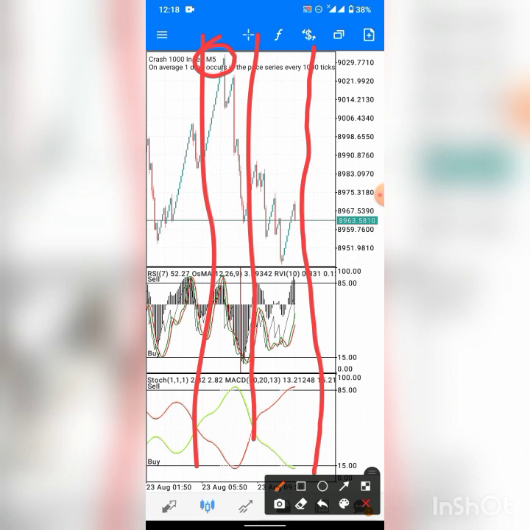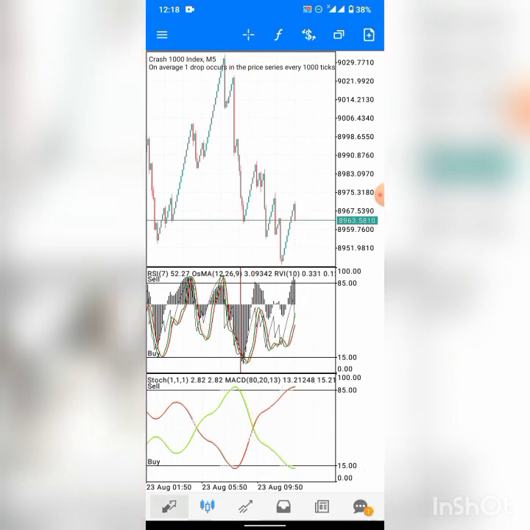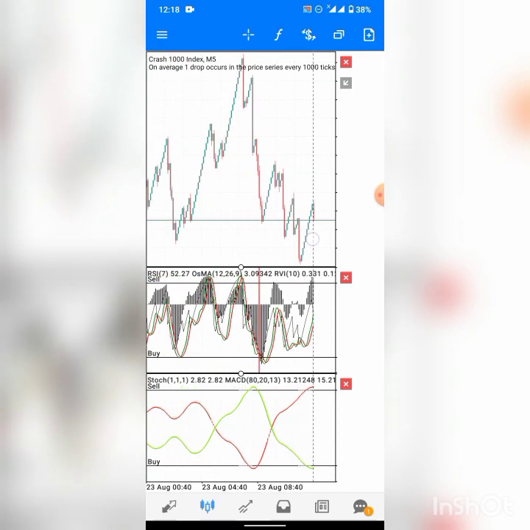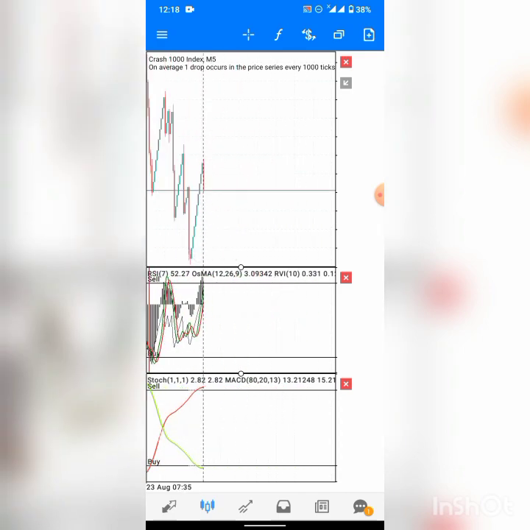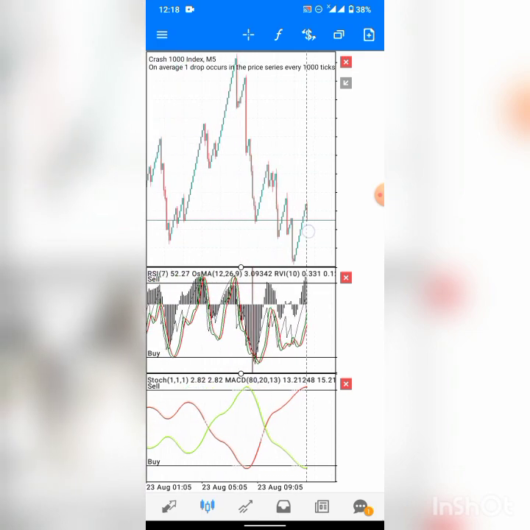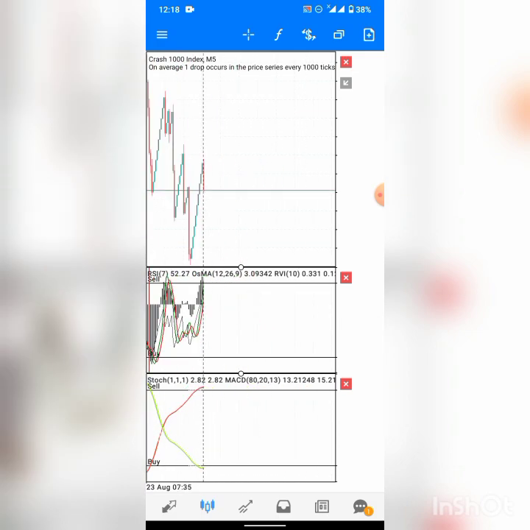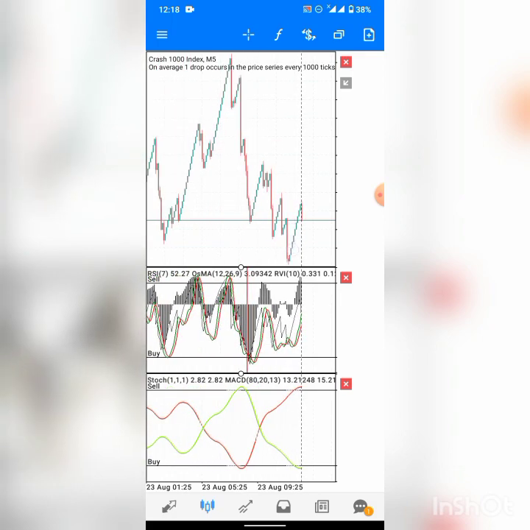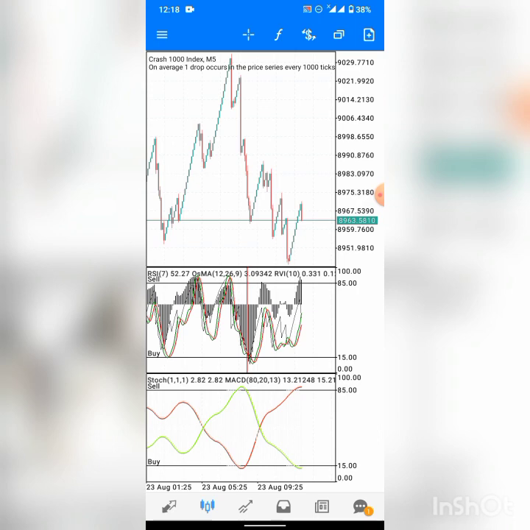It depends on the type of trade you take. In this type of trade, you leave your charts close to the ending. Let me show what I mean. If you want to move your chart, just hold on to your screen, then you can move it, like this. So don't use the strategy here, because if you leave it here, it can be lagging. Try extending it to at least here, that is okay.